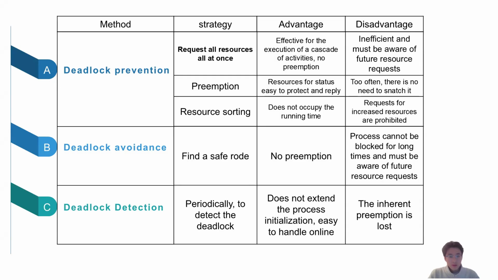And about preemption, resources are easy to protect and restore, but it's too often. And then resource sorting: it does not occupy the running time, but it requires increasing resources and is prohibited. About deadlock avoidance, the advantage is no preemption, and the disadvantage is the process cannot be blocked for a long time.